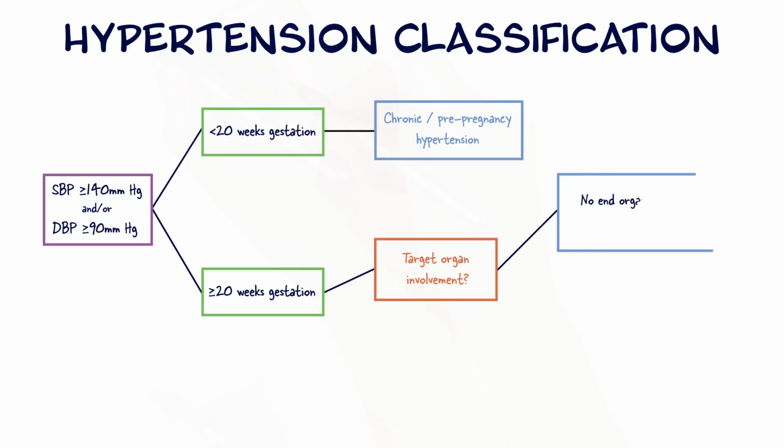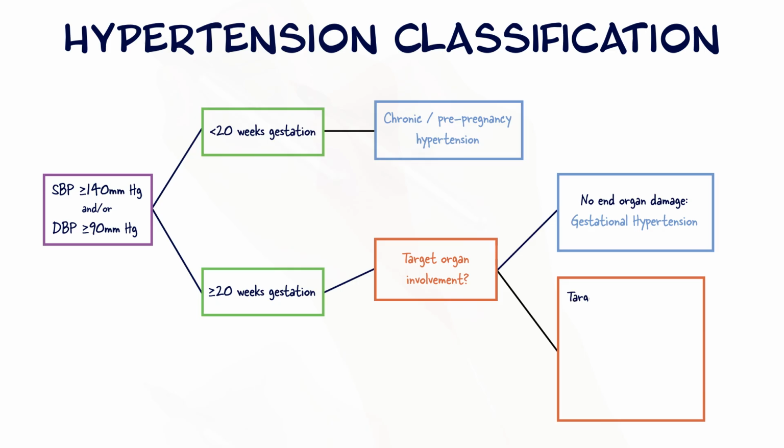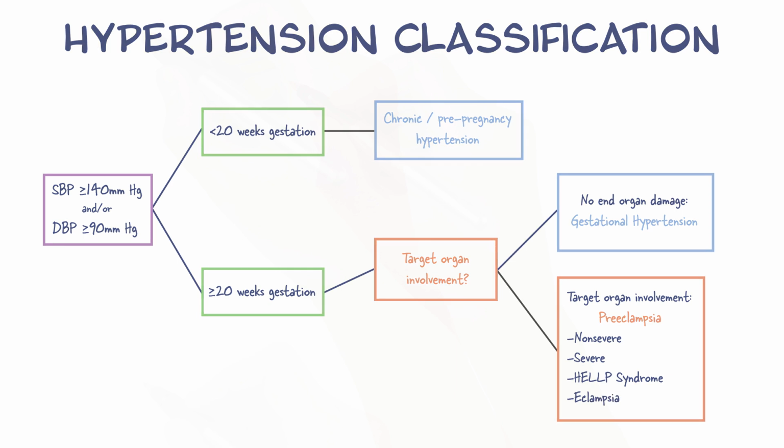If there is no end organ damage, then it is gestational hypertension, whereas if there is target organ involvement, it is defined as preeclampsia. Preeclampsia can be non-severe or occur as a severe form, including HELLP syndrome and eclampsia.